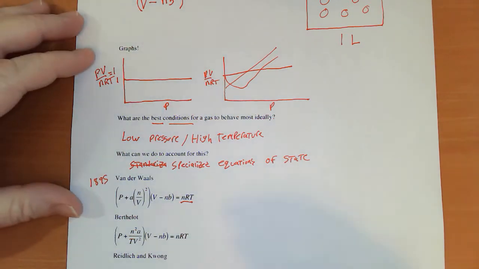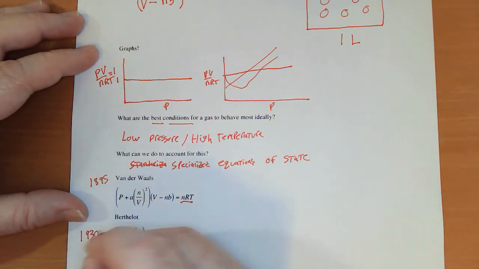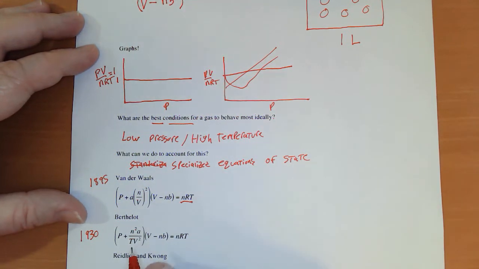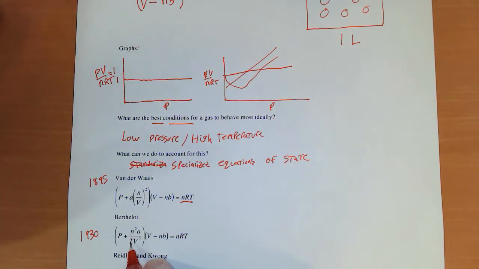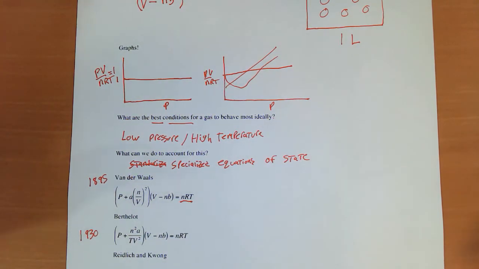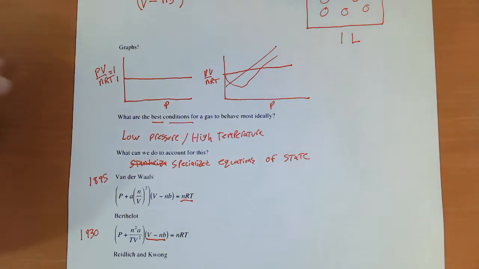Now, much later, 1930s, I think, Berthelot expanded it a little bit, and what happened was we still have n over V squared, but we added in T, because as the temperature goes up, we're going to see that the attractive forces are less and less. Notice no change here because that works, V minus nb.